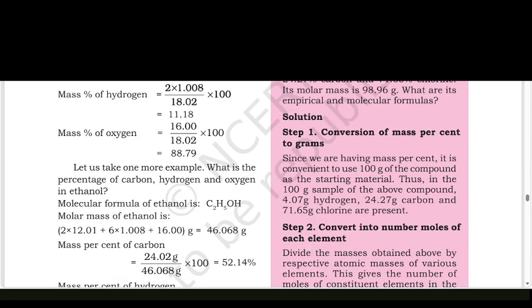Here a compound contains 4.07% hydrogen, 24.27% carbon and 71.65% chlorine. Its molar mass is 98.96.